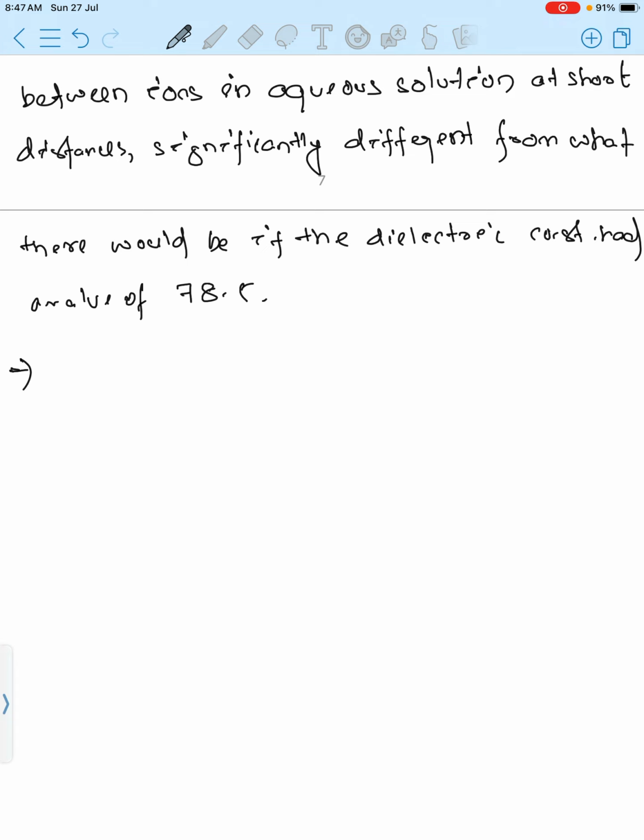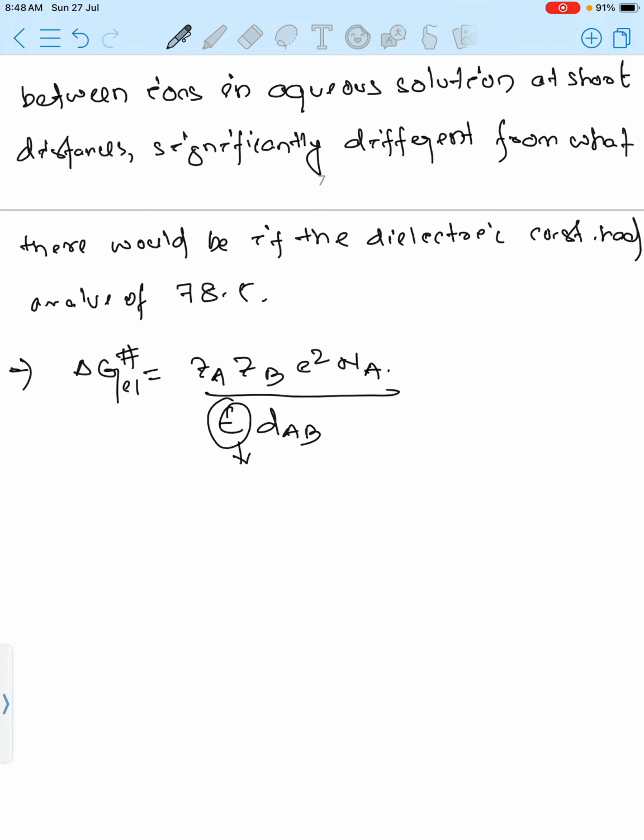from the double sphere model and also the single sphere model, your Gibbs free energy of activation, electrostatic contribution, is ZAZB square for 1 mole over epsilon DAB. That means this is inversely proportional to the dielectric constant.